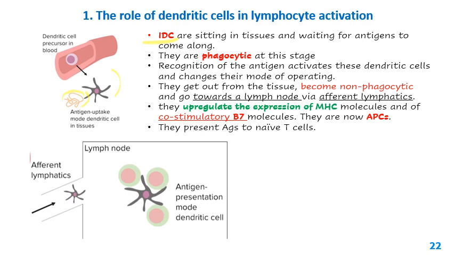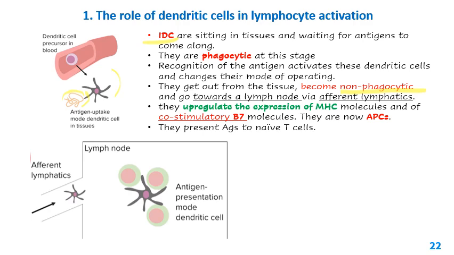First they're going to become non-phagocytic. They ate so much, they got all this energy, they're going to run somewhere. So they're going to go to the nearest lymph node, carrying the pathogen that they just ate. How do they get to the lymph node? That's the story of migration.